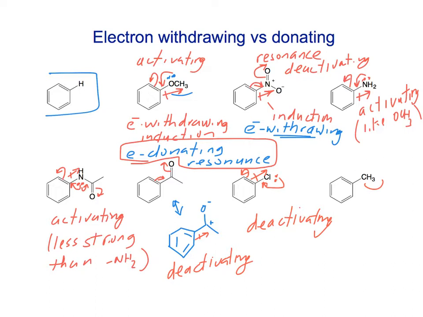So if we follow the same reasoning, then a methyl group or an alkyl group should be electron donating, right? Because they can stabilize carbocations. So in fact, alkyl groups are electron donating, weakly though, and so it should be activating.